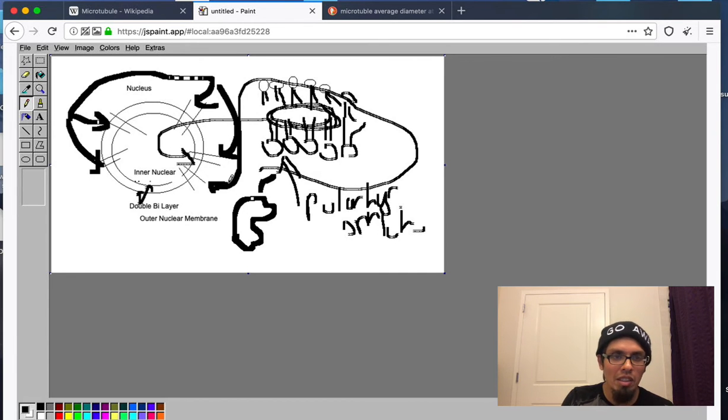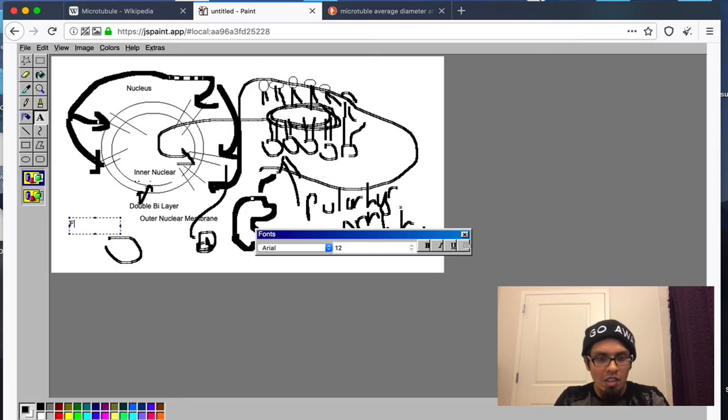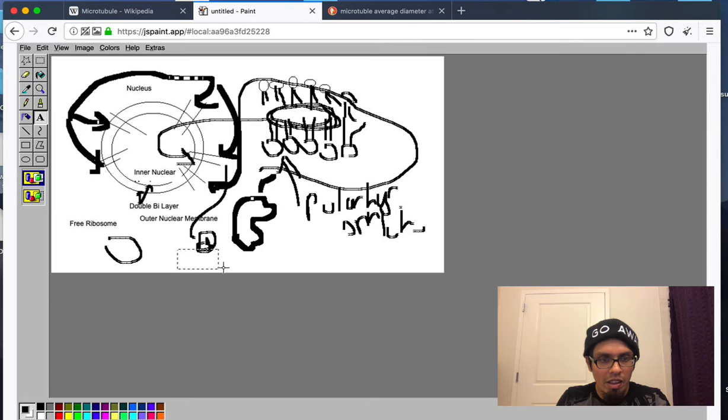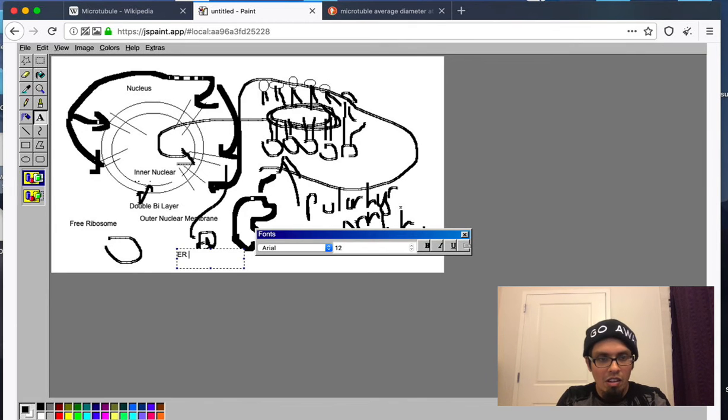When mRNA passes through these nuclear pores, and through whatever region they do, what finally happens to them? They get picked up by a ribosome, right? Either a free ribosome or a bound ribosome.